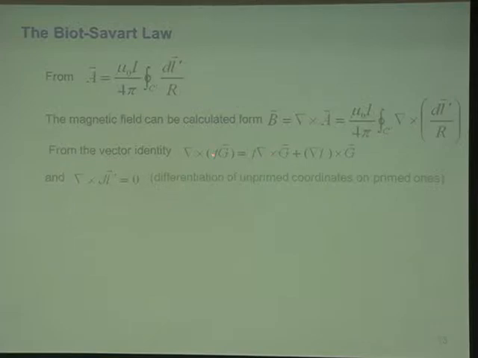This is a formula from vector calculus, so let's do it. Here, your g is the vector dl prime, and your f is 1 over R.